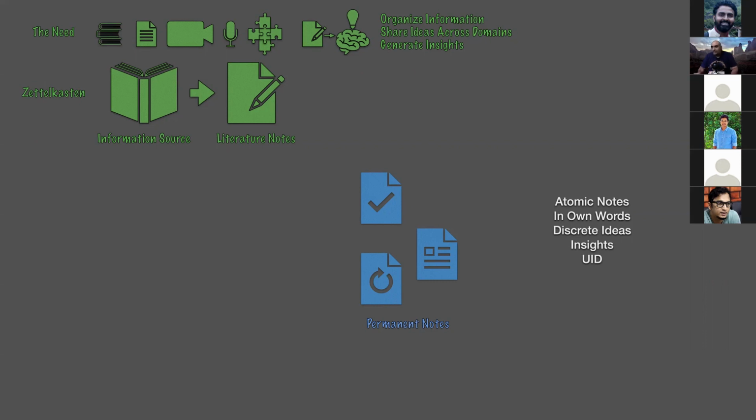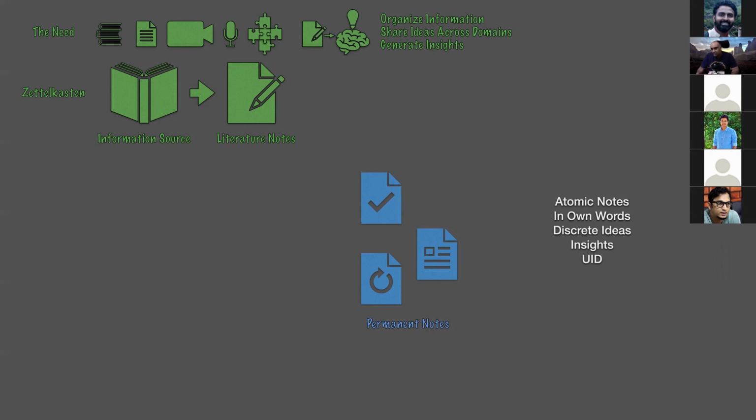But it is also an opportunity for you to think about what insights I can generate given what I read in this book and given the ideas that I already know and put down in my Zettelkasten. And this is where the insights portion of it comes in.